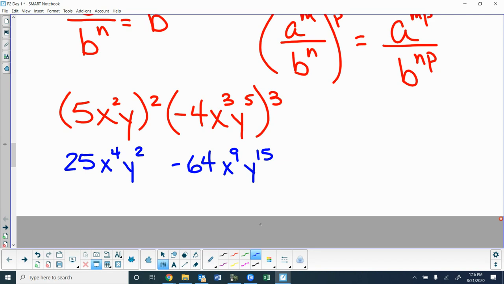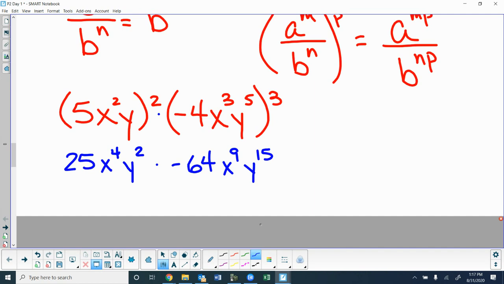Okay, so since there was no symbol between those two, what do I do with these two quantities? What do I do with these two answers now that I've simplified those two quantities? Is it addition, subtraction, multiplication, division? There's no symbol between this parenthesis and that. What's that mean to do? Multiply, right? You want to multiply these.